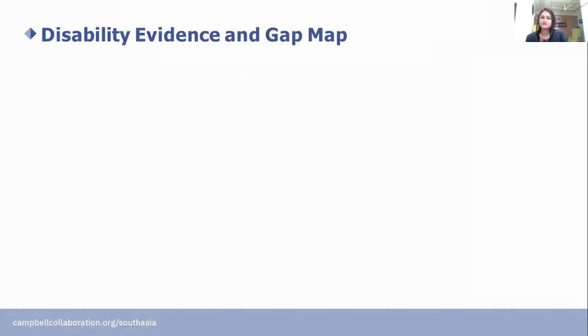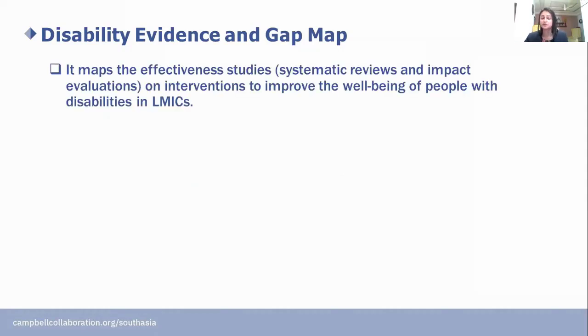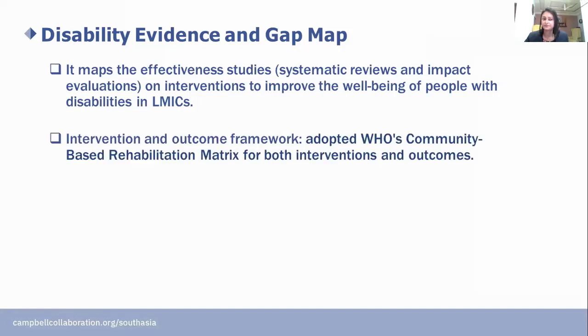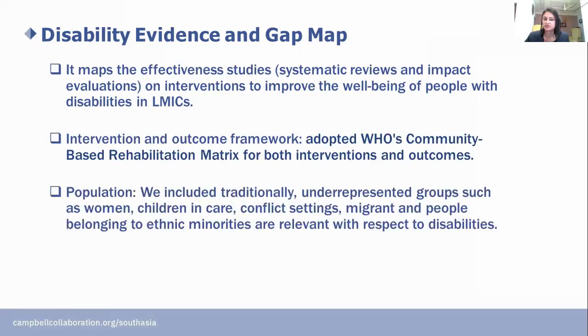Coming back to the disability evidence and gap map, I'm going to show you two quick examples of the analysis that we did in this and how we used it further. So the disability evidence and gap map basically mapped all the effectiveness studies for people with disabilities in LMICs. The interventions and outcome framework for people with disabilities was based on WHO's community-based rehabilitation matrix.